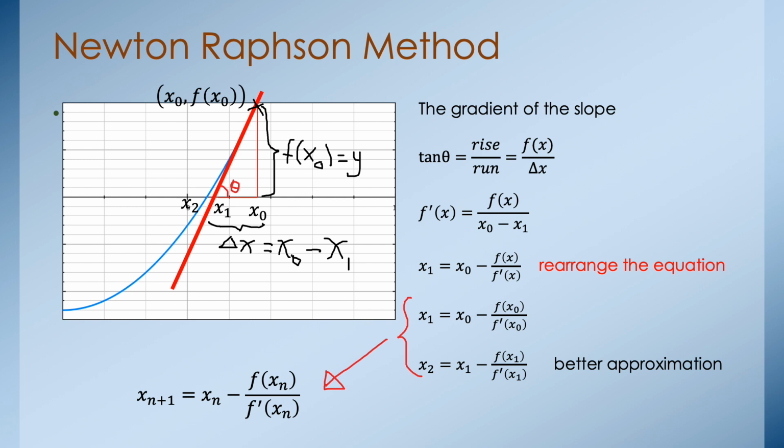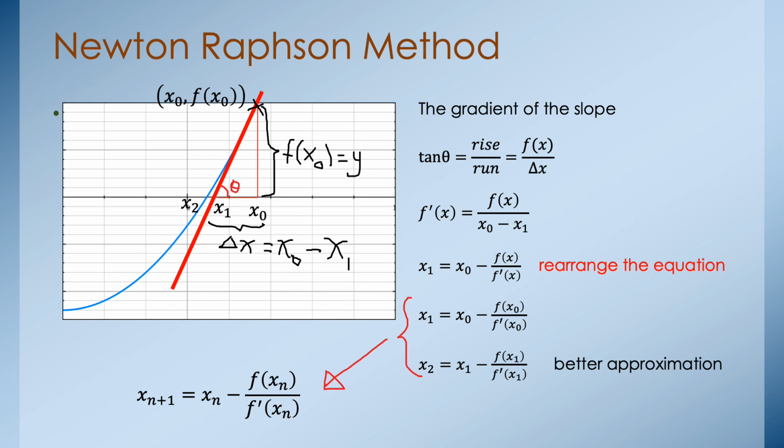As we know, the gradient of the slope is also equal to tan theta. So tan theta equals f of x over delta x, or change of x.